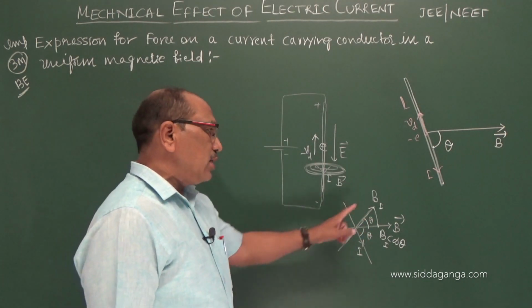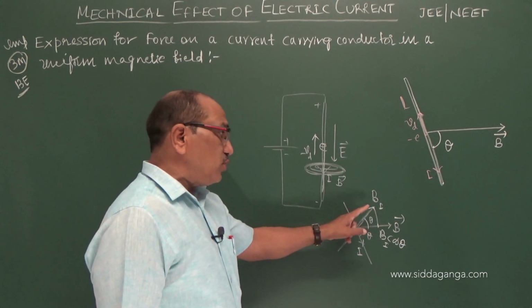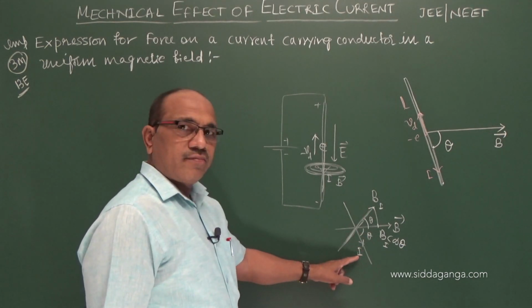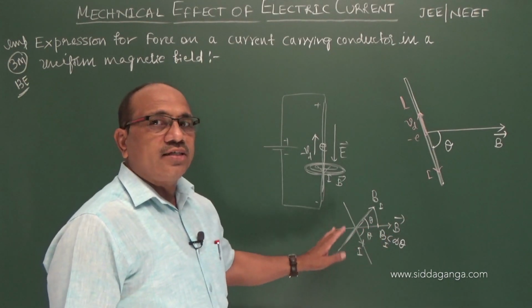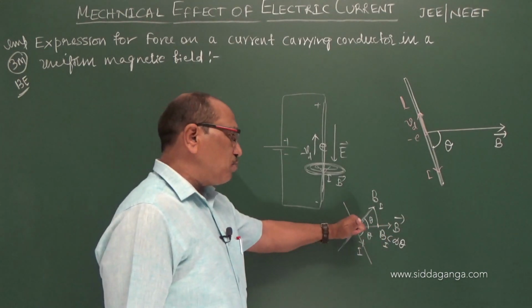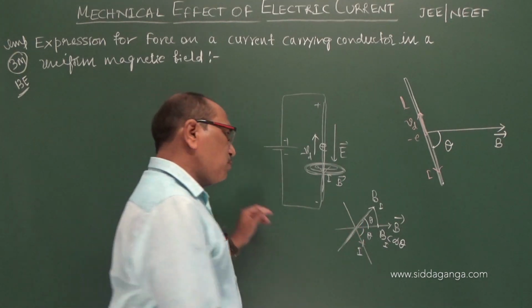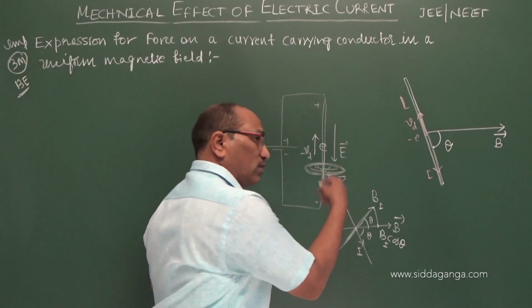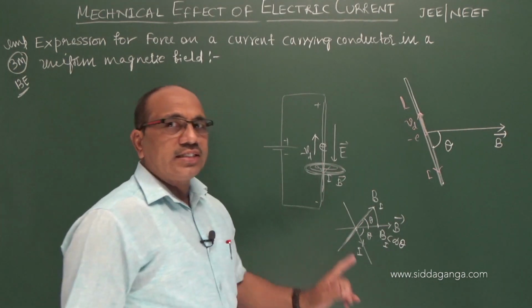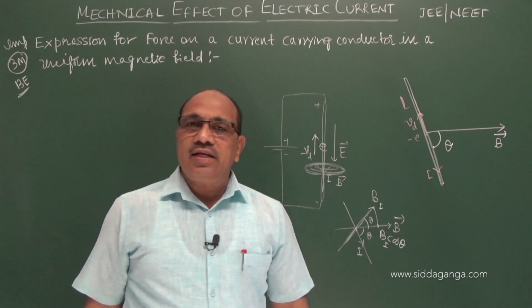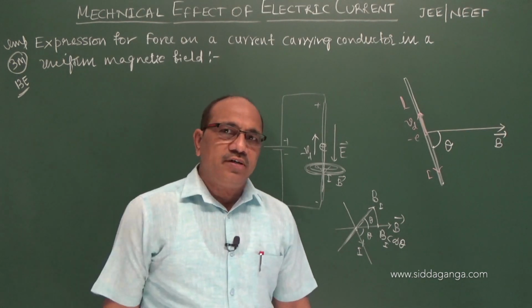The reason is that the superposition of the field produced by the conductor is opposed by the field already existing in that region, and that wants to push the field out, which means it pushes the conductor out of the field. The reason, as I told you, is that a current carrying conductor produces a magnetic field.